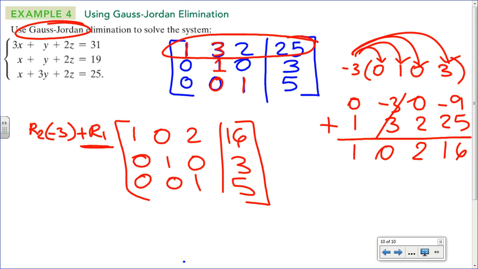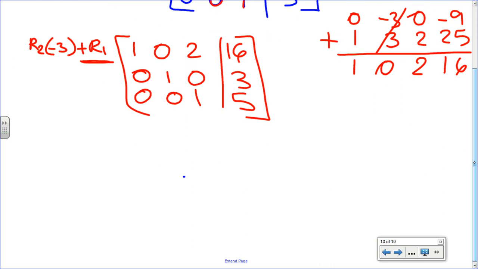Now we already have our 1s across the main diagonal. We have 0s almost everywhere except for here. To get rid of that 2 and make it a 0, we're going to use this 1 because it's in the same column, so now our leading row is R3.